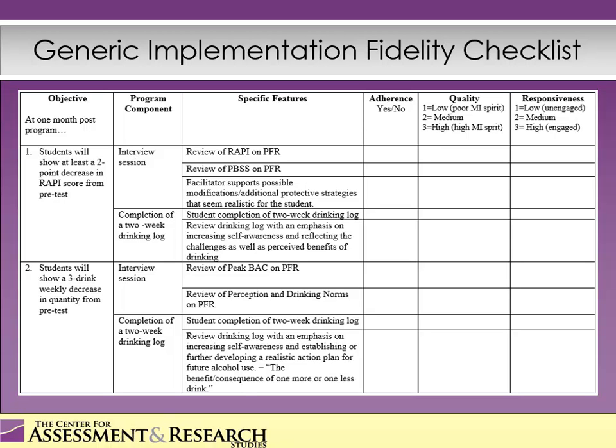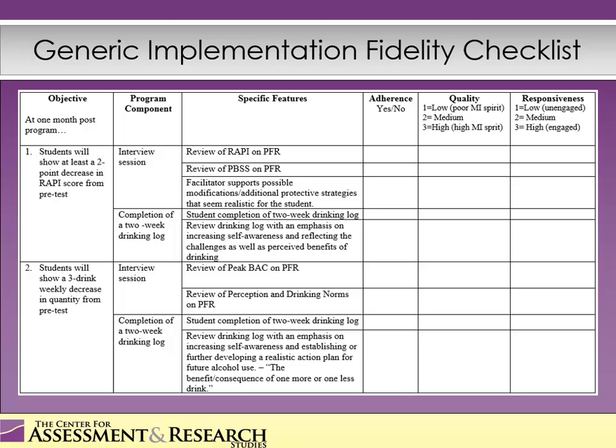For instance, to help students meet the second objective, which is to show a 3-drink weekly decrease in drinking quantity from pre-test to post-test, facilitators plan to do several things, including reviewing the peak BAC info from the personalized feedback report, reviewing the perception of drinking norms from the personalized feedback report.